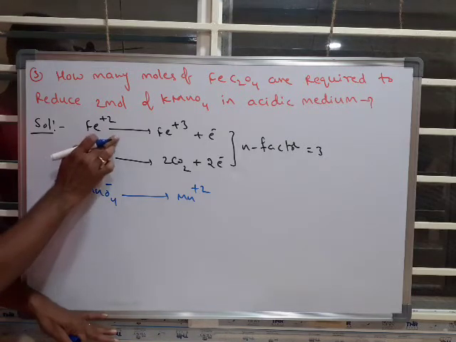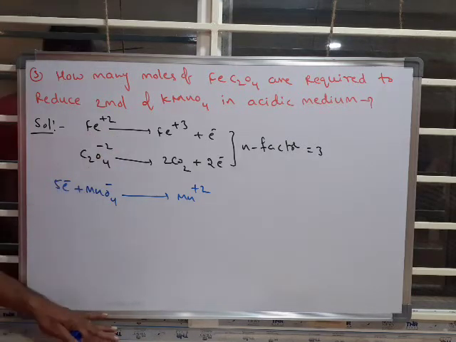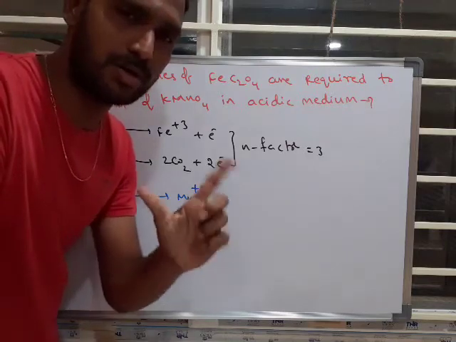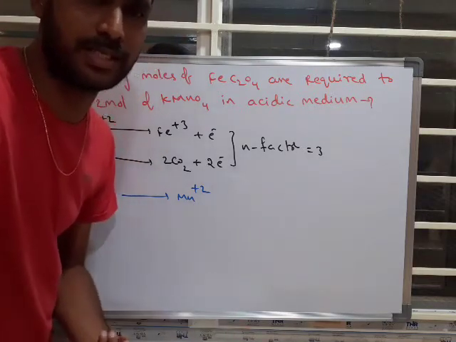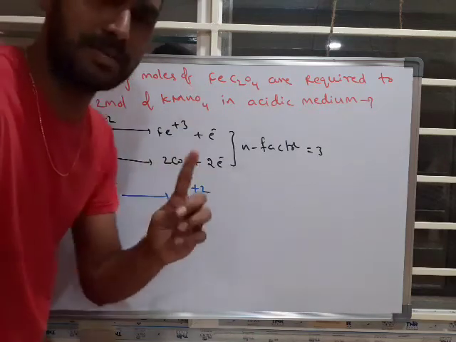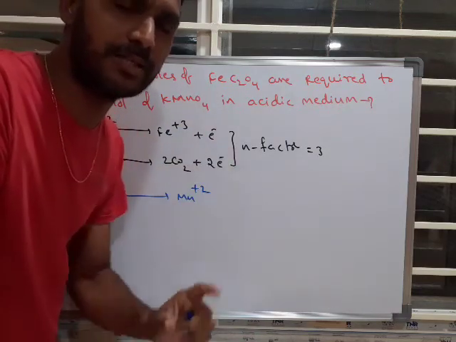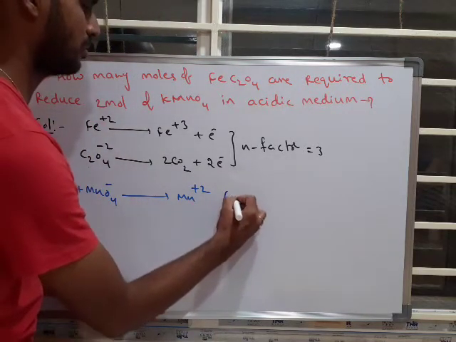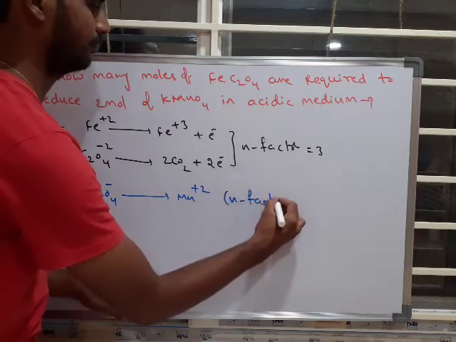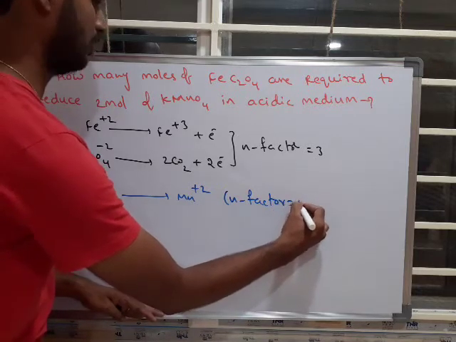We know potassium permanganate is the oxidizing agent, so automatically the other one works as a reducing agent. Just remember, ferrous oxalate always works as a reducing agent. So with 5 electrons, the N factor is 5.